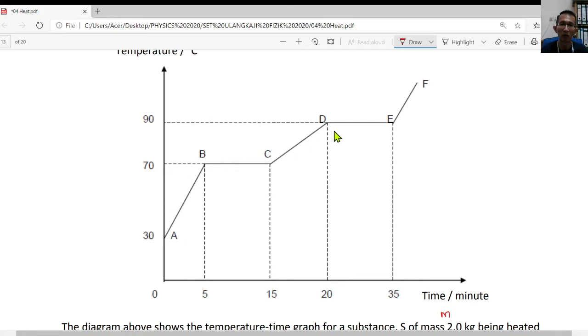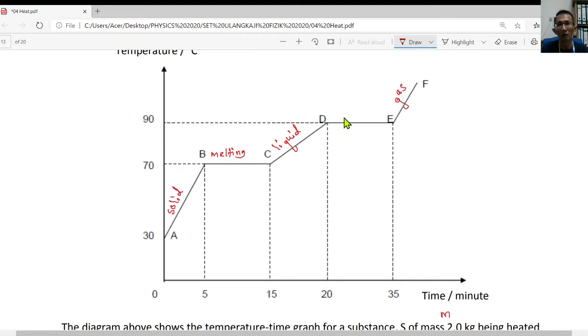I have two horizontal lines here. Here I must have solid, and then here I have melting taking place. After it melts, here I have liquid, and then here must be gas.